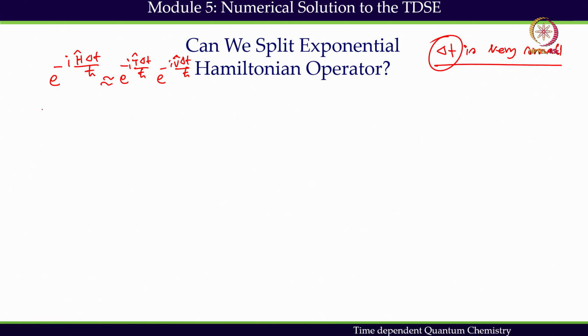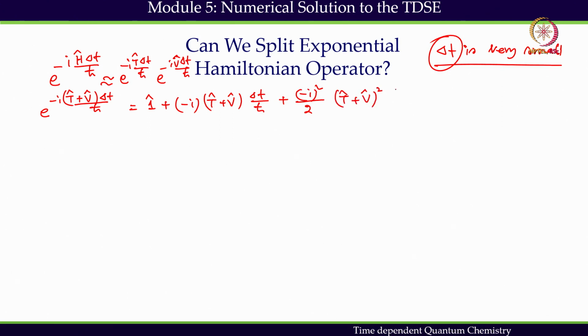So, for that we will start with e to the power minus i (t plus v) delta t by h cut, that is written as 1 plus minus i (t plus v) delta t by h cut plus (minus i) square by 2 (t plus v) square delta t square by h cut square plus so on.